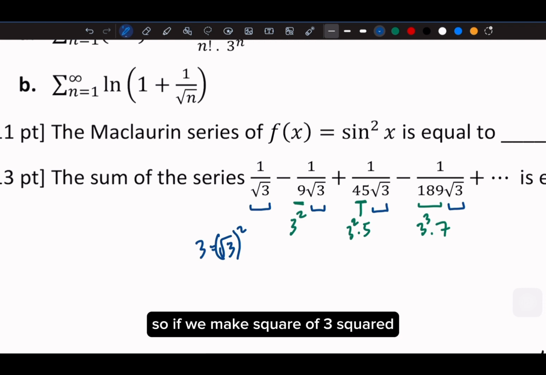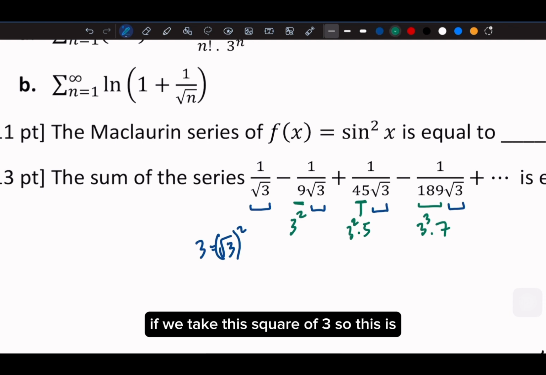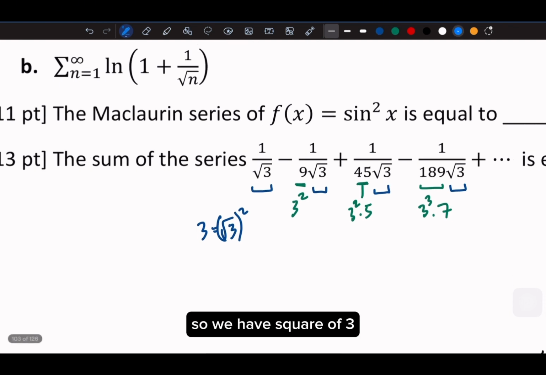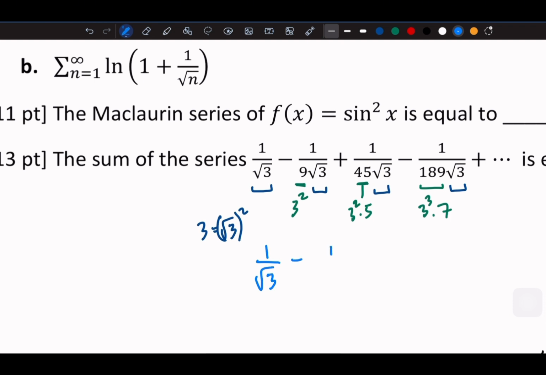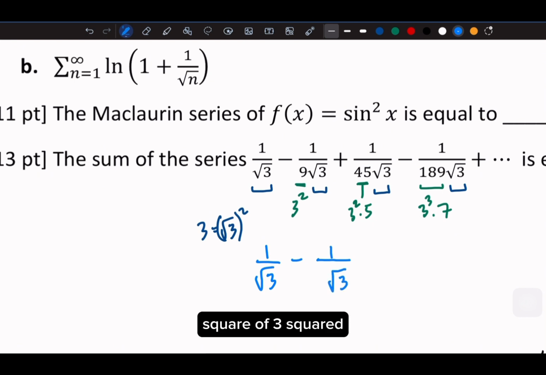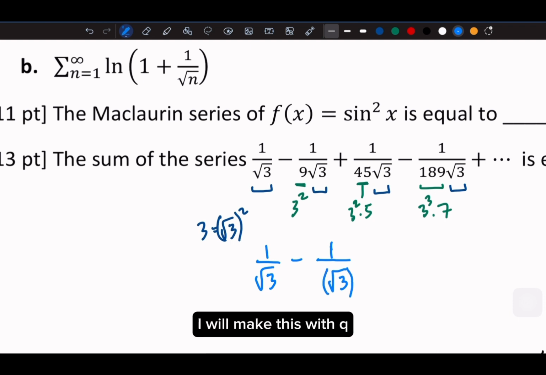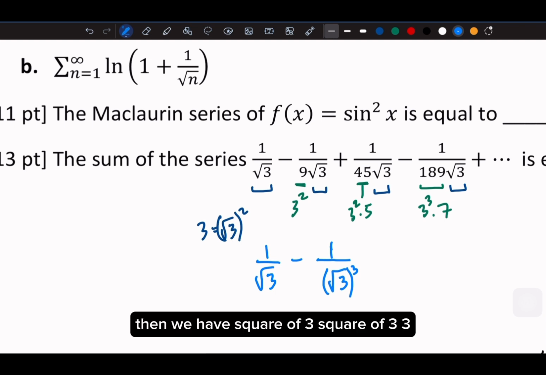Now I would like to make the second one square root of 3 squared. It would be 3, right? And then 3 squared. But after some observation, I will make this with a cube. If we take this cube, then we have square root of 3, square root of 3 is 3.